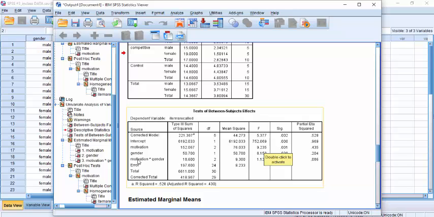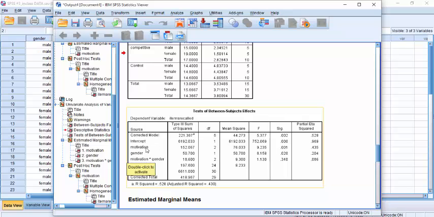And if we look at motivation by gender, this is our interaction. So this is our factorial right here, our two-way ANOVA. We look at our F value, was 1.130, not significant. If we look at just gender, our F value was 6.158. Our significant, or our P value is 0.02, so that is significant.